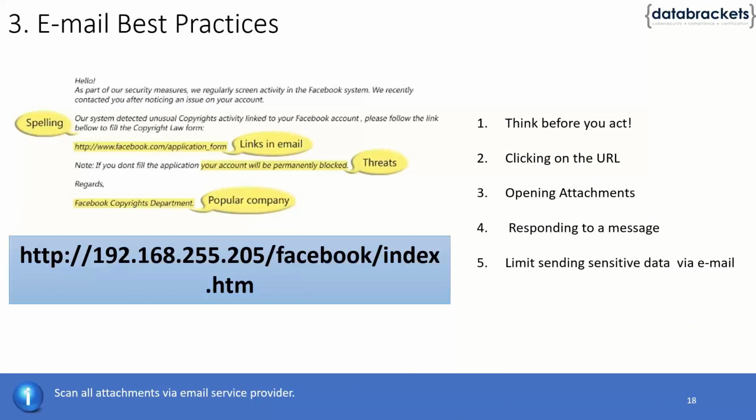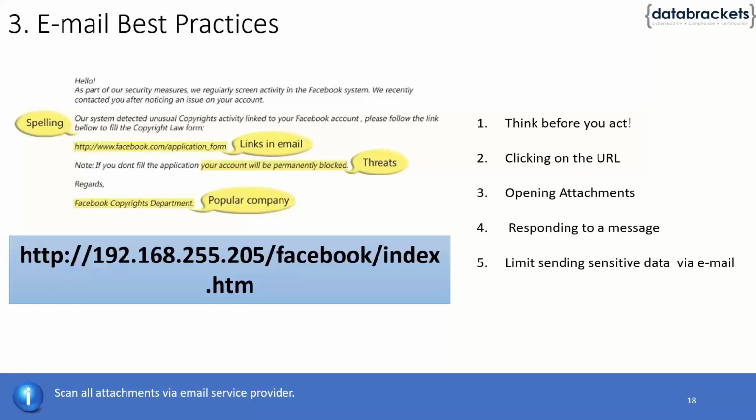So the next one is email. This is one of the most important, I would say, security best practices you all need to follow as part of protecting the data, right?